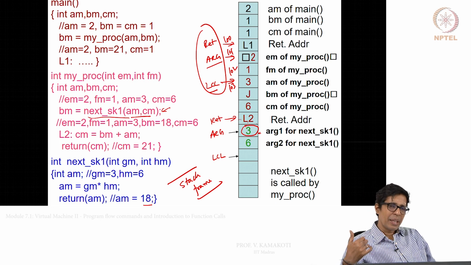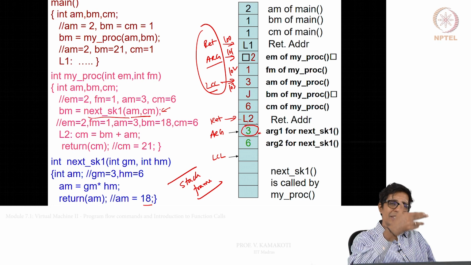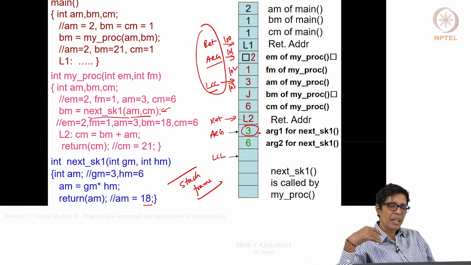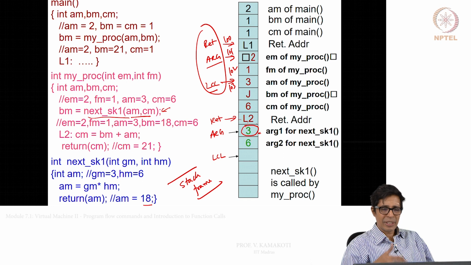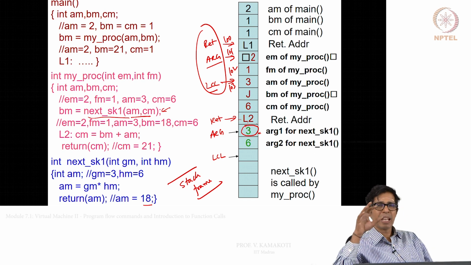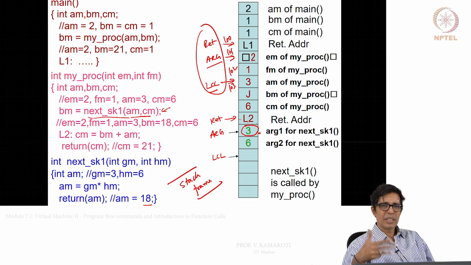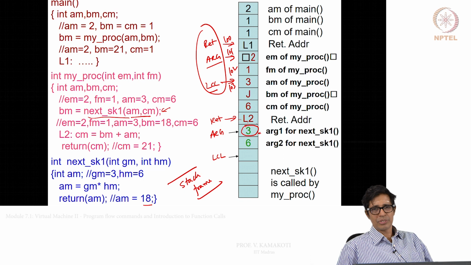And every time I am executing a function, the base of its local variables and arguments, the LCL and ARG, should be saved in RAM 1 and RAM 2. That is possible if I have ARG and LCL also saved in the stack, so that when I move from one function to another, I can copy that ARG and LCL into RAM 1 and RAM 2, so that there is a seamless execution.